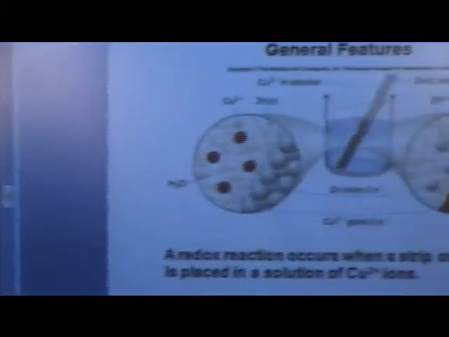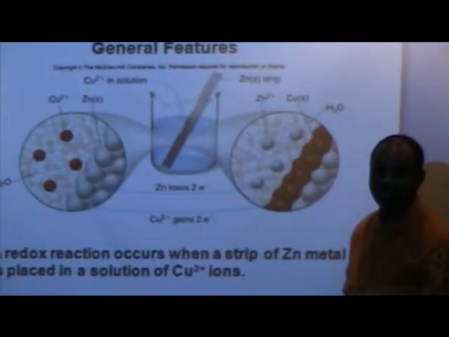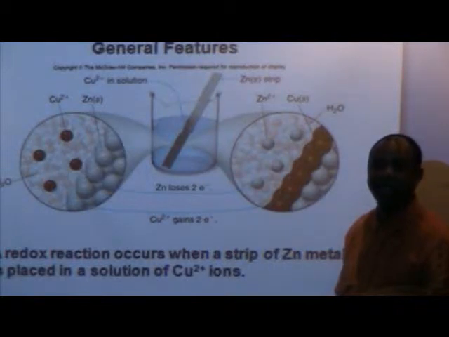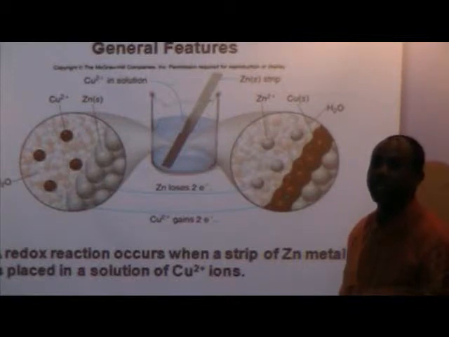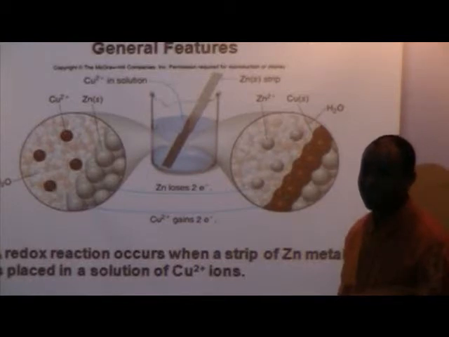What happened? It is oxidized, because it lost 2 electrons. Loss of electrons is oxidation. Gain of electrons is reduction.